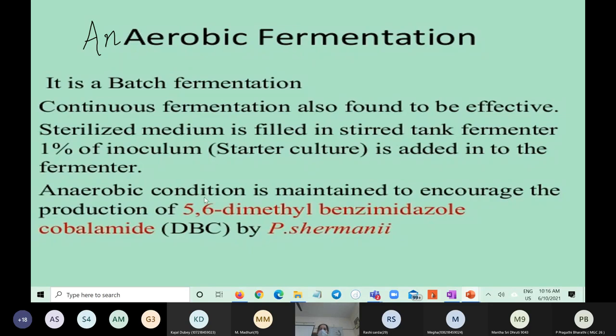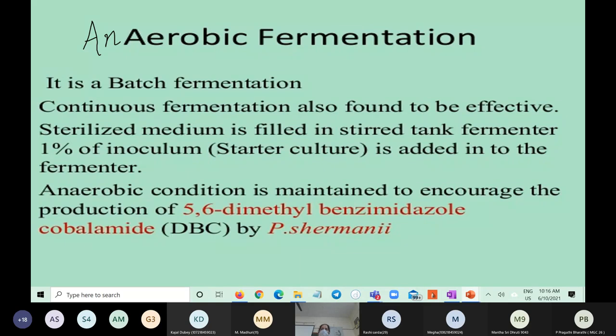So anaerobic conditions will encourage the production of DBC by Propionibacterium shermanii.